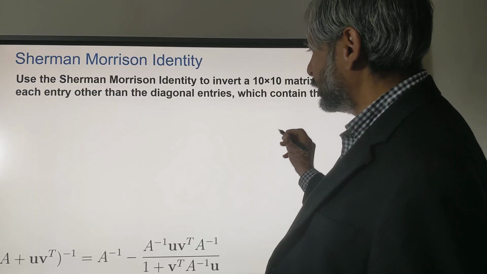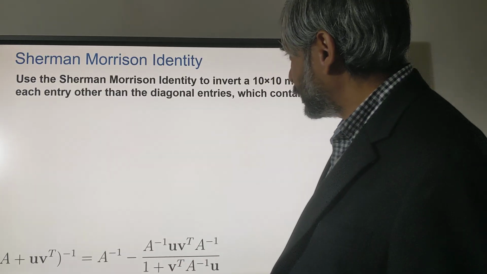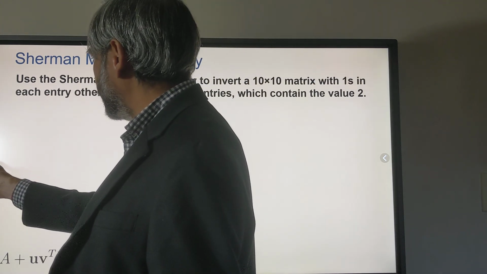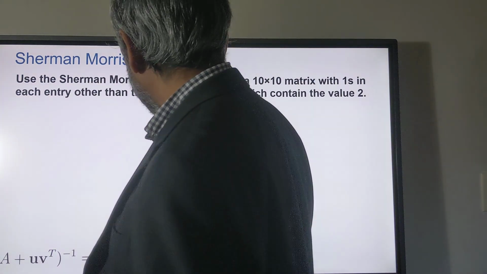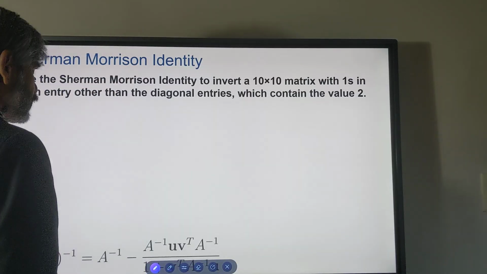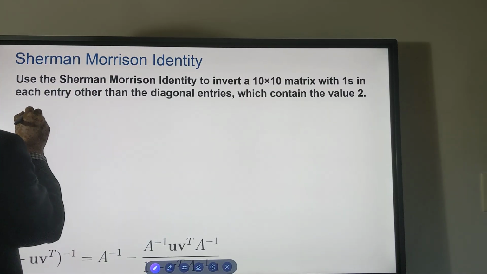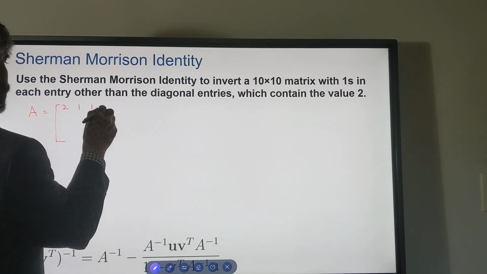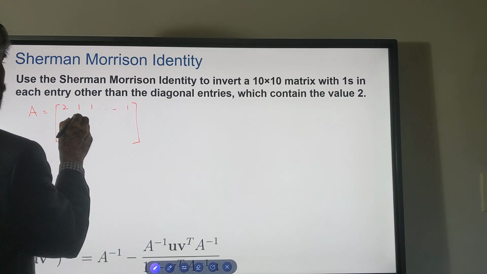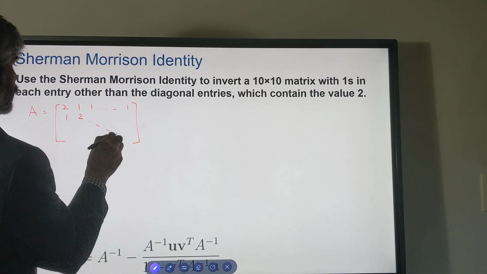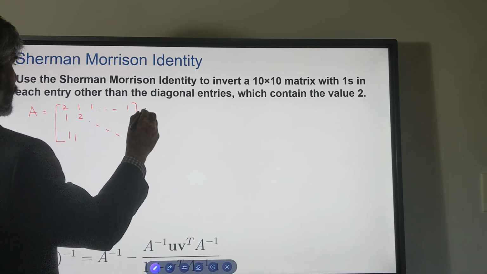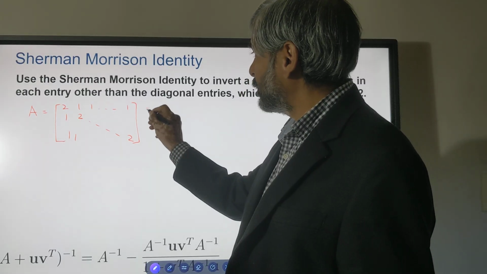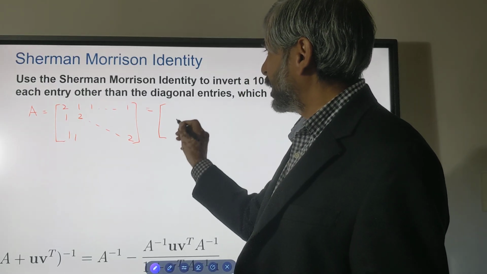I'll write it here. The first thing we want to do is write this matrix A again as 2 1 1 1, where all the diagonal elements are 2's and we have 1 here. If you look carefully, I can write this matrix as a sum of two matrices.